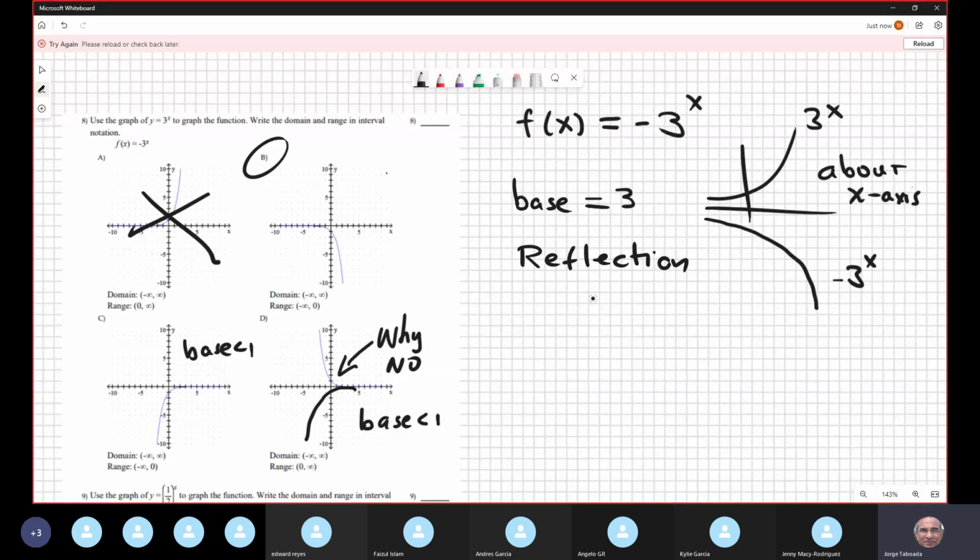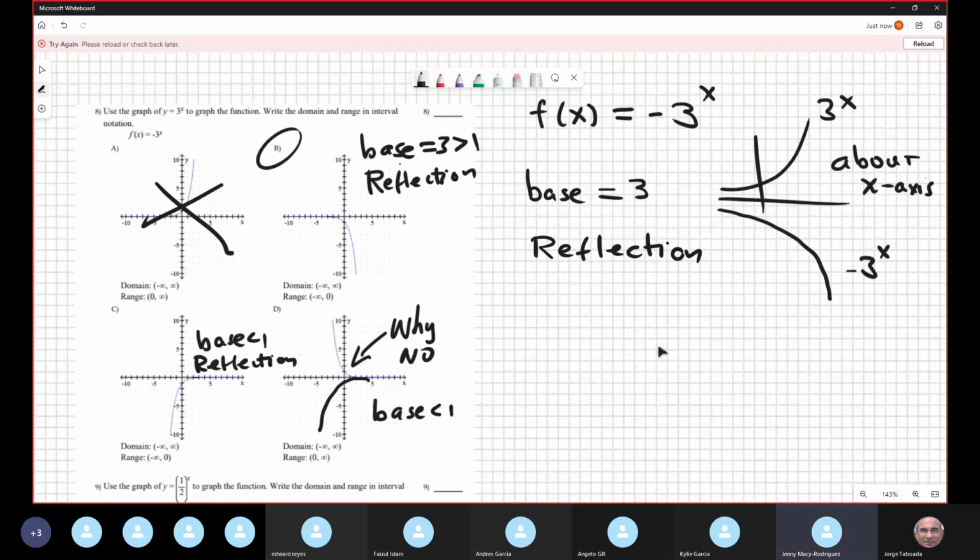Okay, maybe it's base 1 and reflection. In this case, nice, because the base is bigger than 1, is 3, bigger than 1, and we have reflection. Reflection across the x-axis. Super cool.